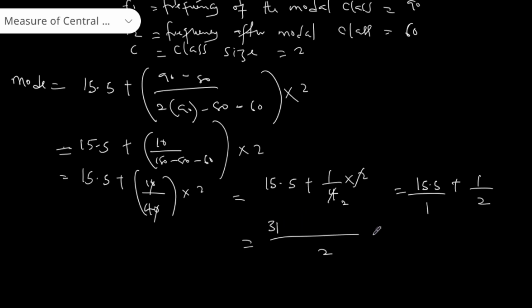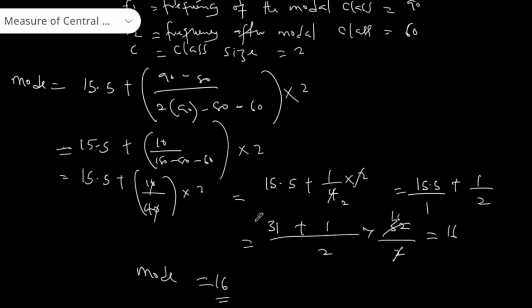Plus 1 is 32, over 2. Now 2 we cancel out, we have 16. It means that the mode for this data is 16.